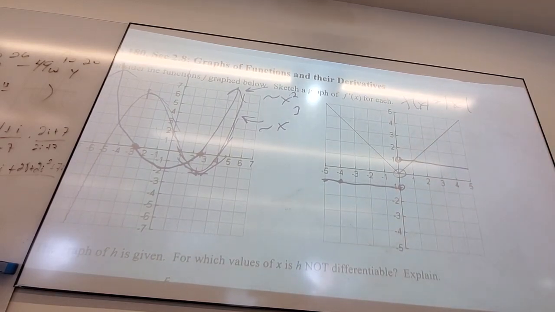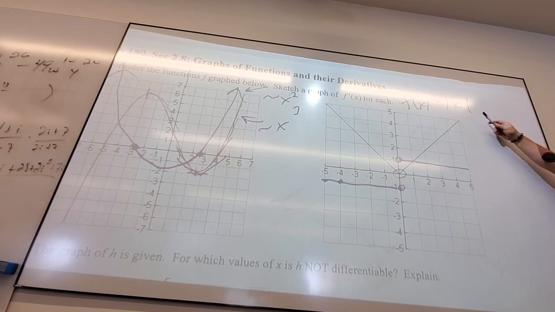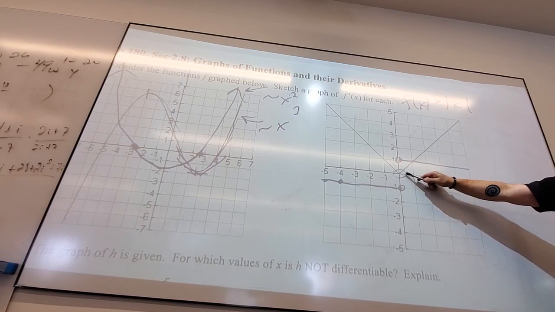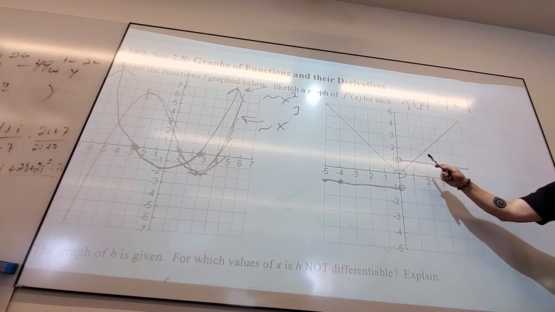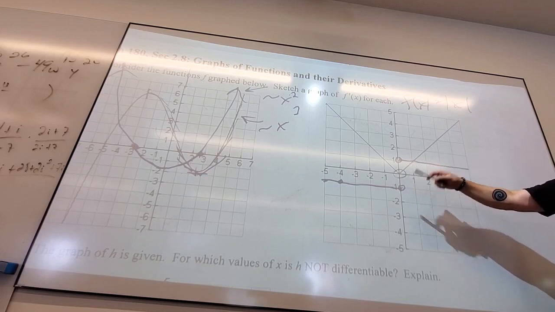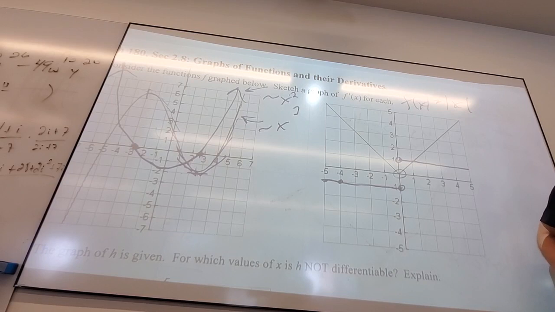For the absolute value of x, it is not differentiable. You cannot find the derivative at 0. Because when I graph the derivative, is it continuous through 0? No. So therefore, it's not differentiable at 0. It does not have a slope at 0. So that's why, above and below, they don't continue.